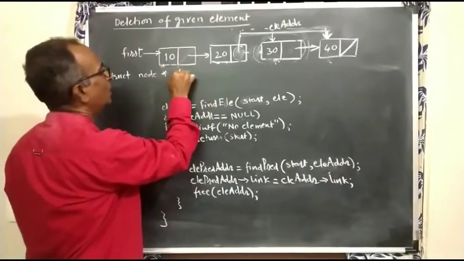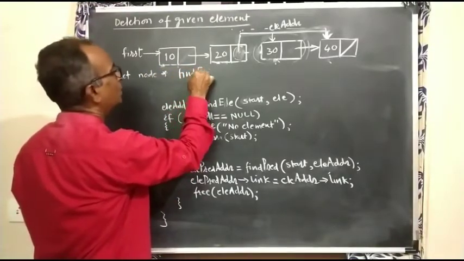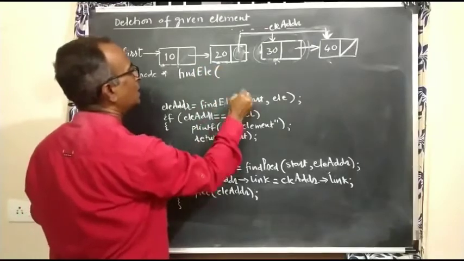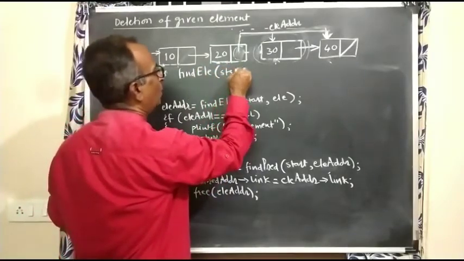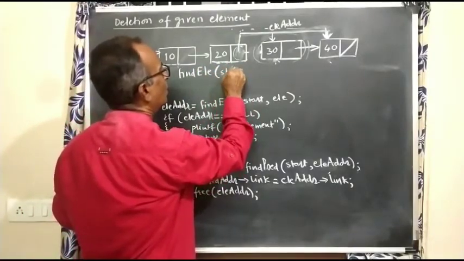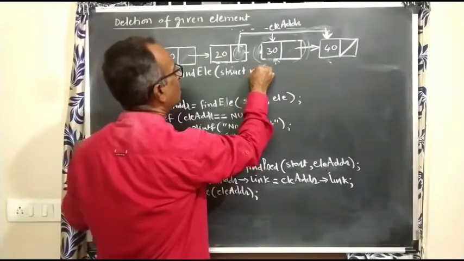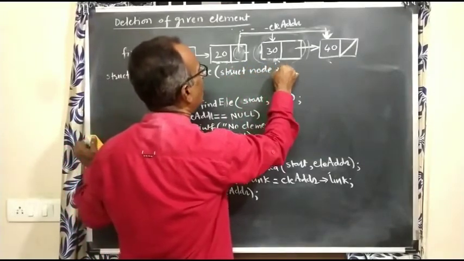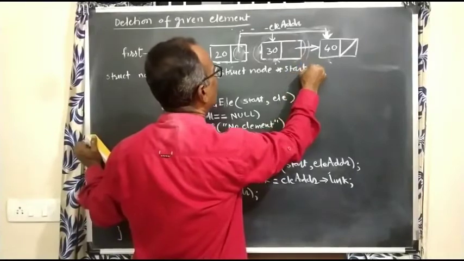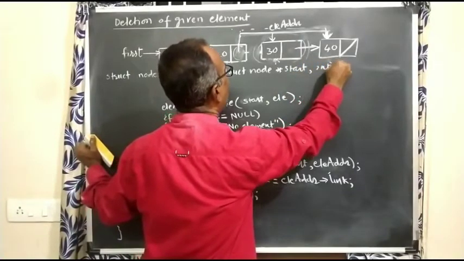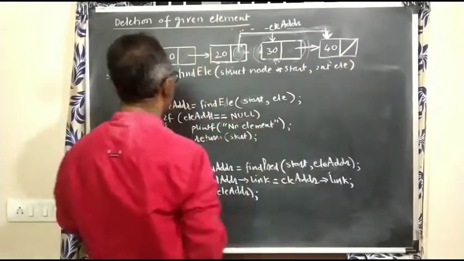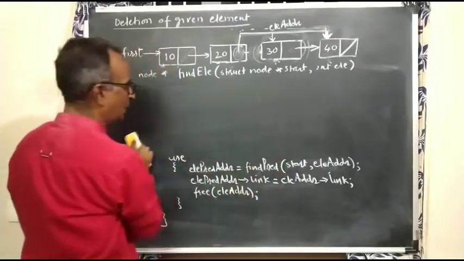Then the name of the function is find element, and what are you passing? The list from which you are deleting, struct node star start, and integer element you are finding in that. Now what way can I write it?